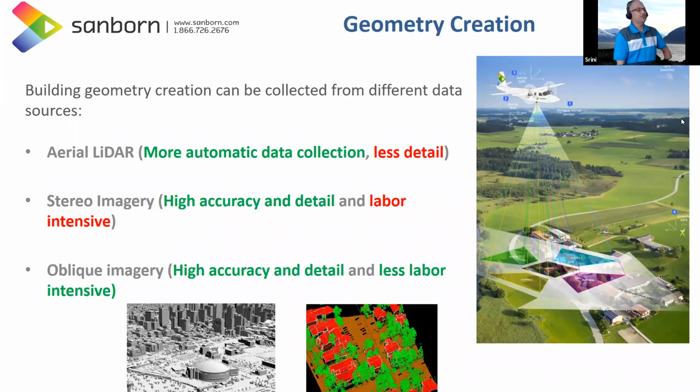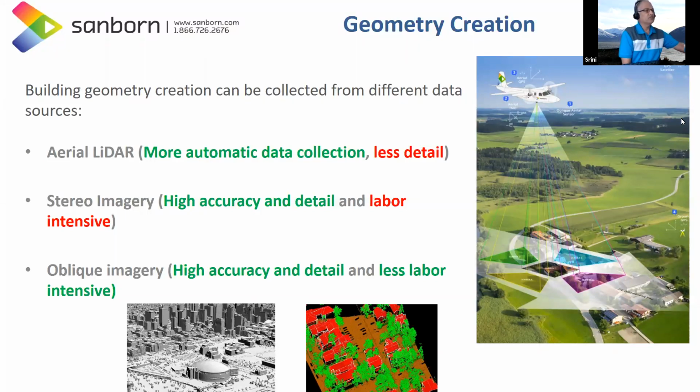In this slide, what you are seeing on the right-hand side is a picture showing how the oblique imagery is taken. This shows that a given feature or a given building is seen through 4 different angles. As I said, you can capture the geometry either from LiDAR, from stereo imagery, or from oblique imagery. Each one has its own advantages as well as disadvantages. In the case of aerial LiDAR, the buildings can be captured in a more automated manner, which means it is less time consuming and less costly, but it lacks the detail.